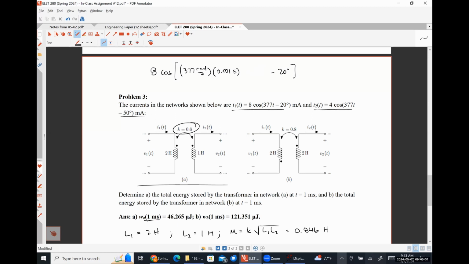Okay, I'm going to move this over here. When I multiply 377 radians per second times 0.001 seconds, what unit am I going to get? Radians. Is a radian the same thing as a degree? No, so I need to convert either radians into degrees or degrees into radians. I'm going to convert radians into degrees by multiplying by 180 over pi.